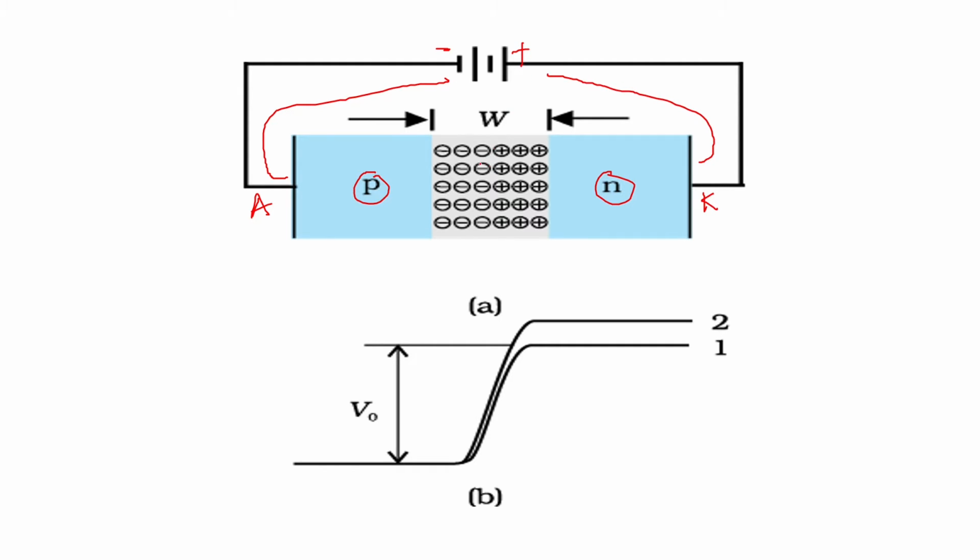In that case, the holes in this P type semiconductor are attracted towards the negative terminal of the battery, and the electrons, which are negative charge carriers in the N side semiconductor, are attracted by this positive terminal, and that is why the depletion layer width increases.